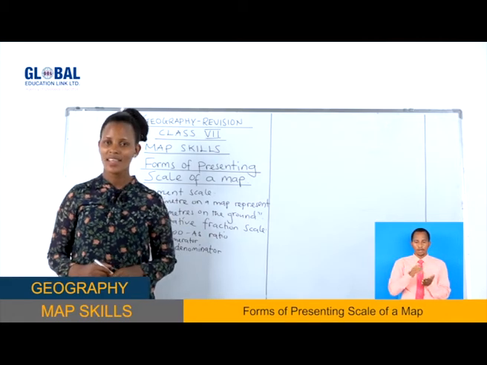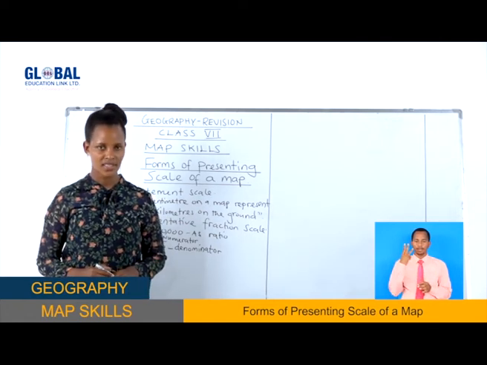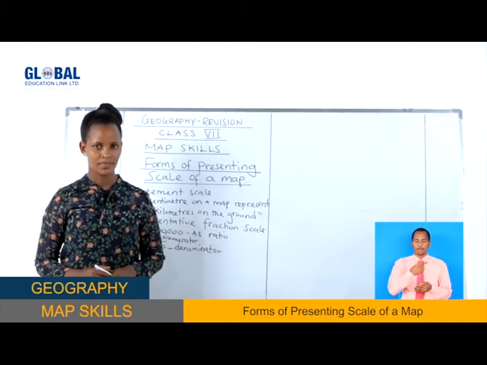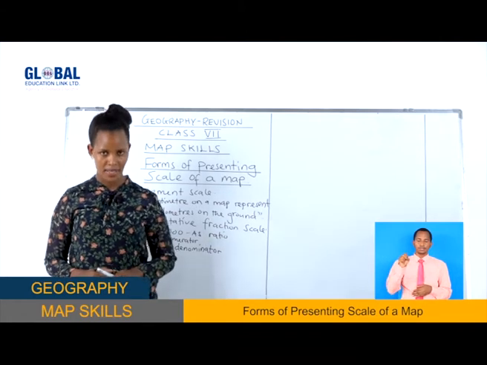Let us also see the third form or way of expressing scale of a map, which is called linear scale. It is the representation of the scale in a line segment.